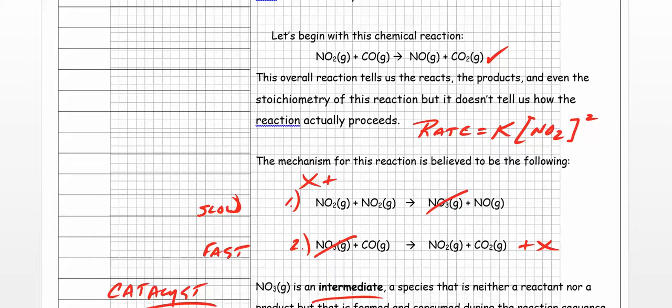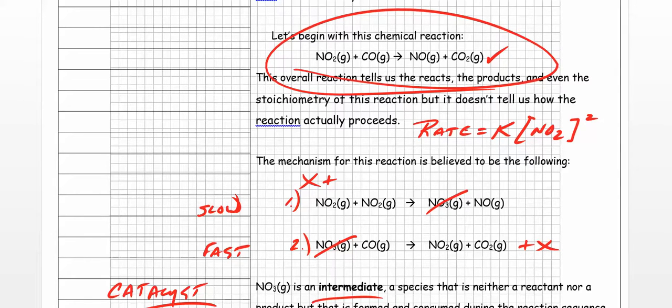This is the reaction up here: NO2 plus CO gas yields NO gas plus CO2 gas. Now, remember that when we wrote the rate law for this particular reaction, initially we did not know what the rate law was going to be until we did empirical data.